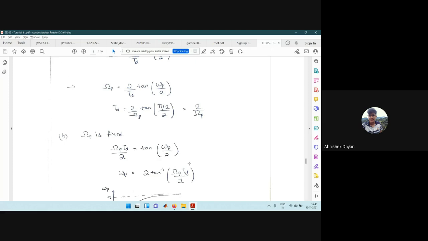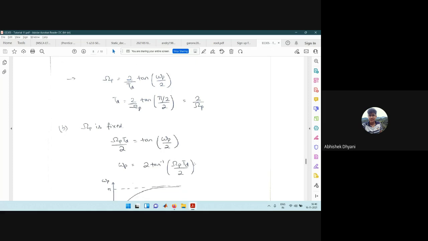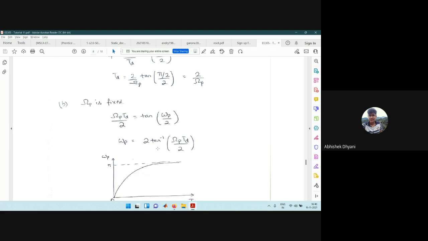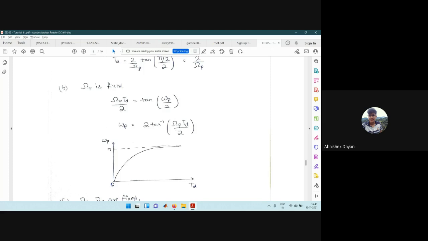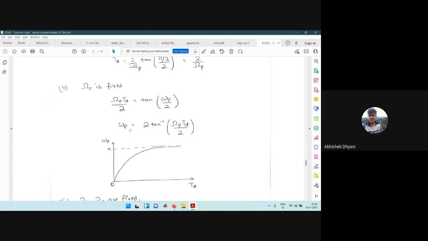Now, how do I plot Td versus omega p? You can see that the relation is tan inverse. So an arctangent relation means that you can just take Td as 0 and infinity and see. For 0, omega p will be 0, and for infinity you will get pi, right? Because this will be pi by 2 and it is multiplied with 2.